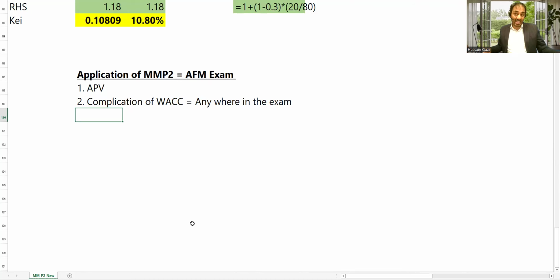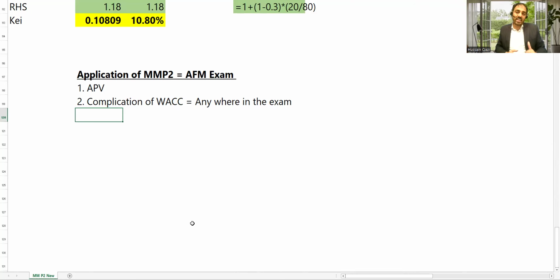Maybe for an NPV calculation where you need to identify the KE ungeared and the information available about the proxy company. Like you do with the APV. Okay, brighter chances for APV, but not necessary. So this application of MM proposition 2 applicable anywhere.